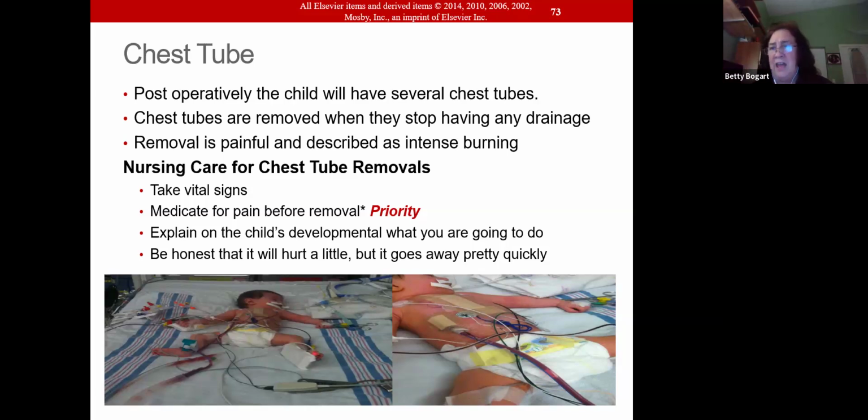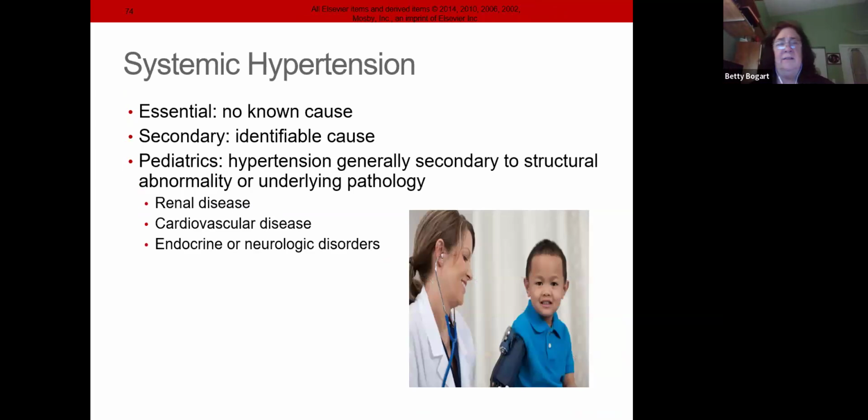And what they all say uniformly, it is intense burning and pain. And then all of a sudden it's gone. So please be honest. Tell the child it's going to hurt a little bit, but it's going to go away pretty quickly. And of course, everything always on their developmental level. And then after it's over, because you've given pain medicine, take their vitals again.